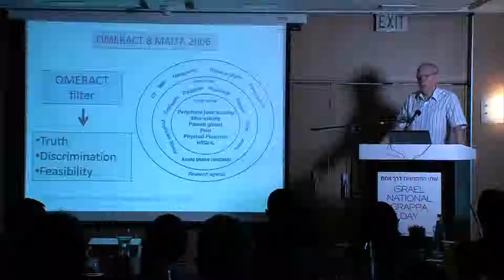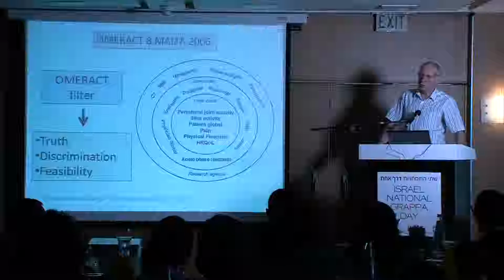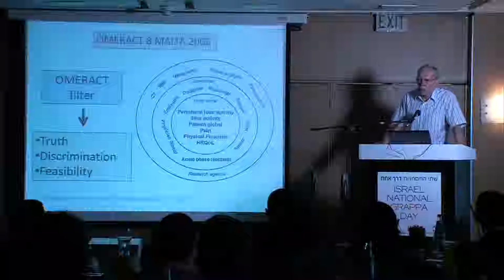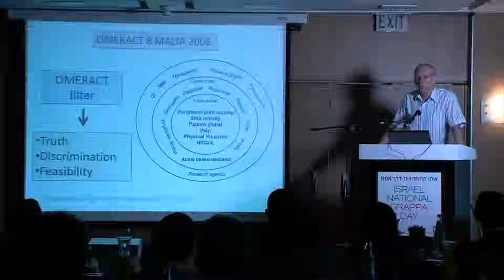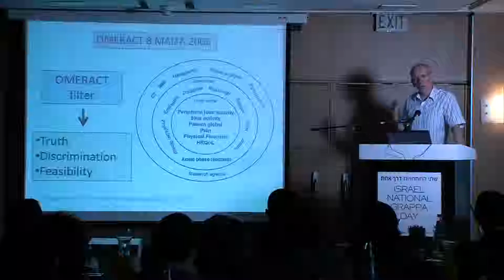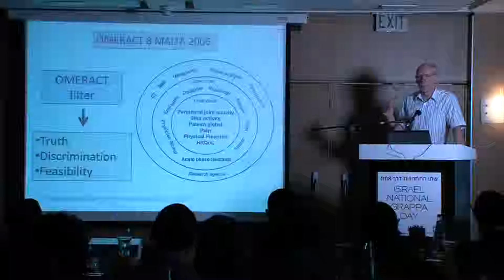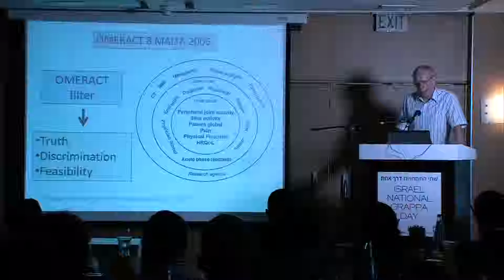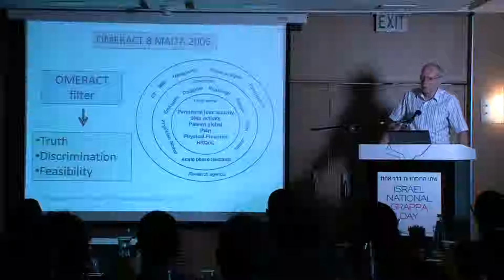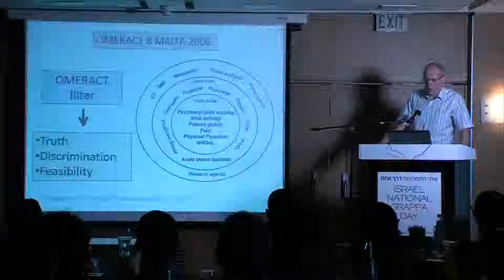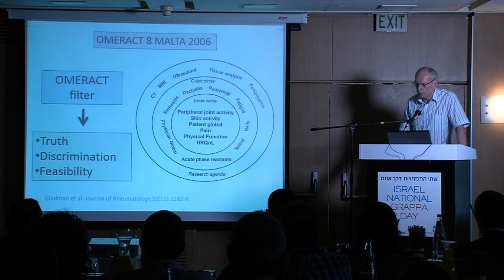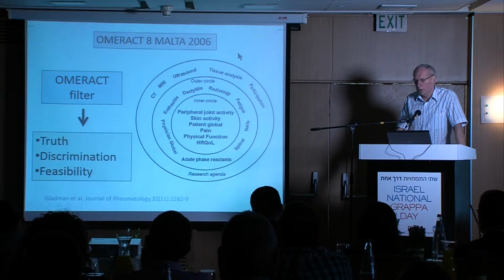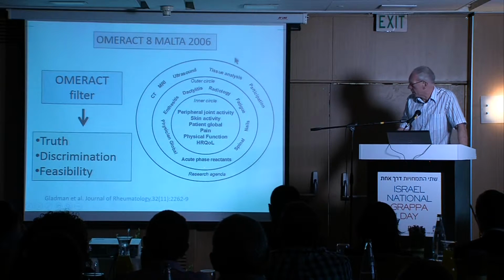And basically this was a group of methodologists and clinicians who came together to refine outcome measures in rheumatoid arthritis to be taken forward in clinical trials so that the assessments were standardized and reliable and could be compared across studies. And it's grown with the years to encompass other diseases. Psoriatic arthritis, as you can see, really came to the fore in 2006 in the OMERACT meeting in Malta. This was led by Daphne.